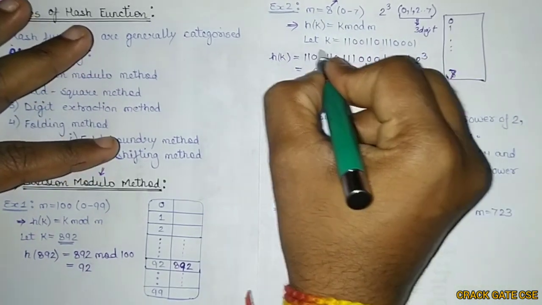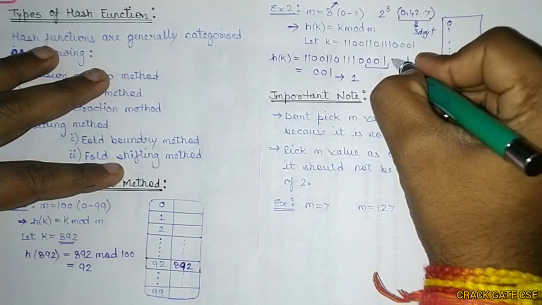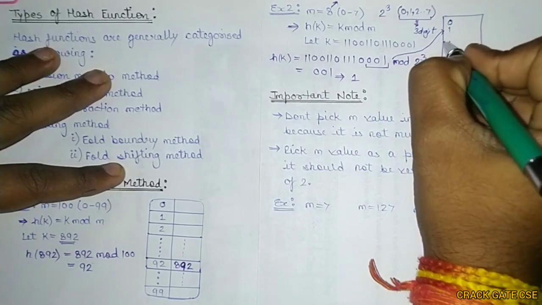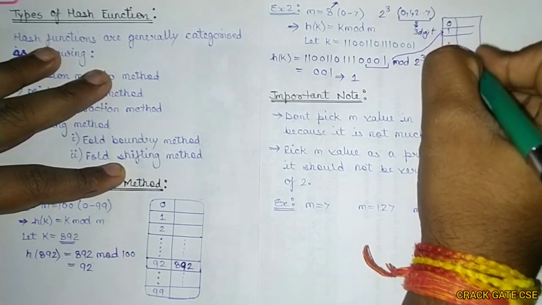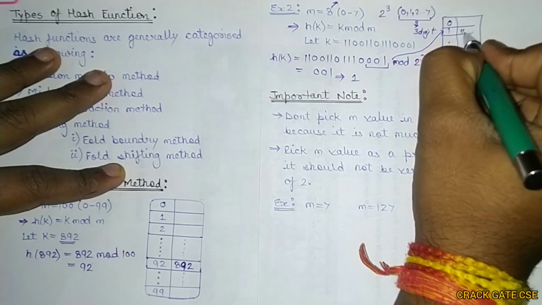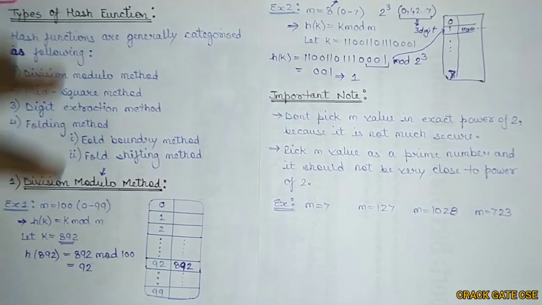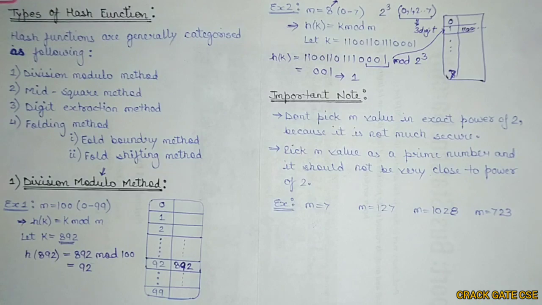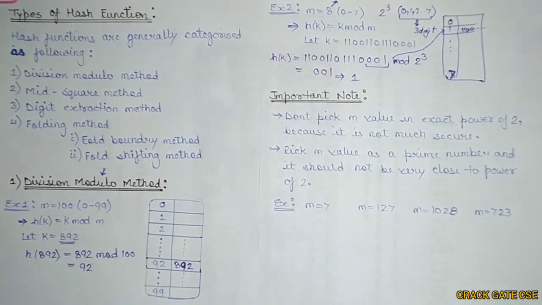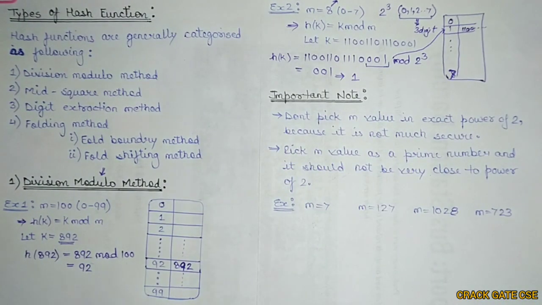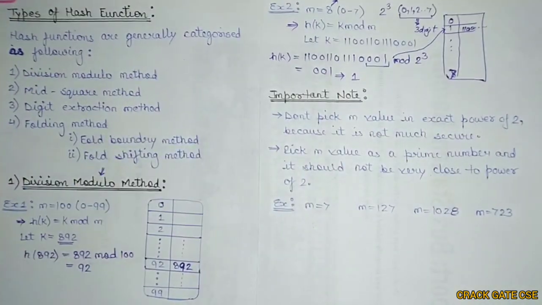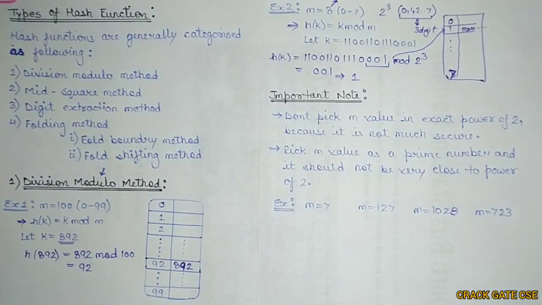So this particular key has to be mapped at this first place. So at this first place there will be the value 1100 and so on, right? So this is how it can be mapped if we are having the binary value or the decimal value. Now there is an important note on the basis of this division modulo method.